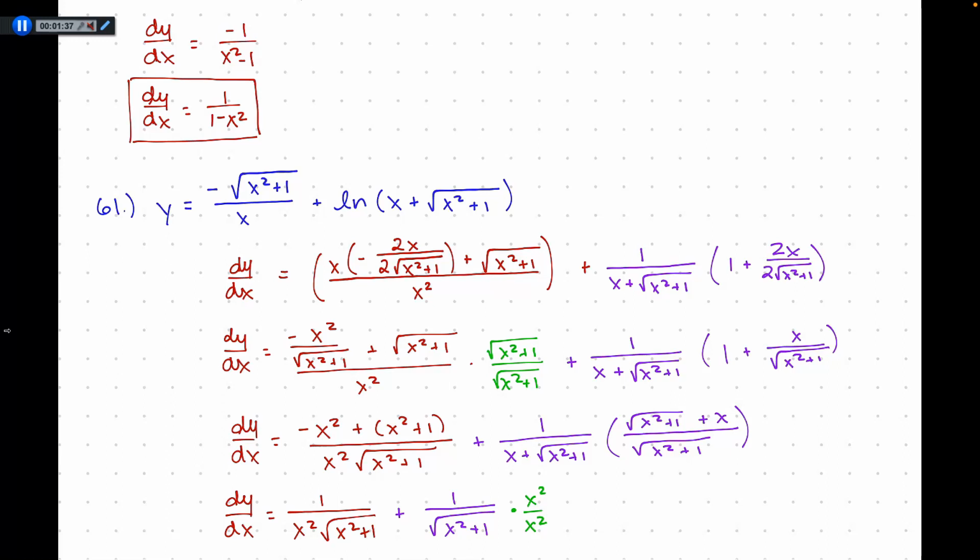Remember, bottom times derivative of the top plus top, or minus top, that's why it's a plus sign, over derivative of the bottom, which would just be 1, over the bottom squared. And then over here, remember the derivative of a log is 1 over the argument times the derivative of the argument. So this is just quotient rule and then the natural log rule together.